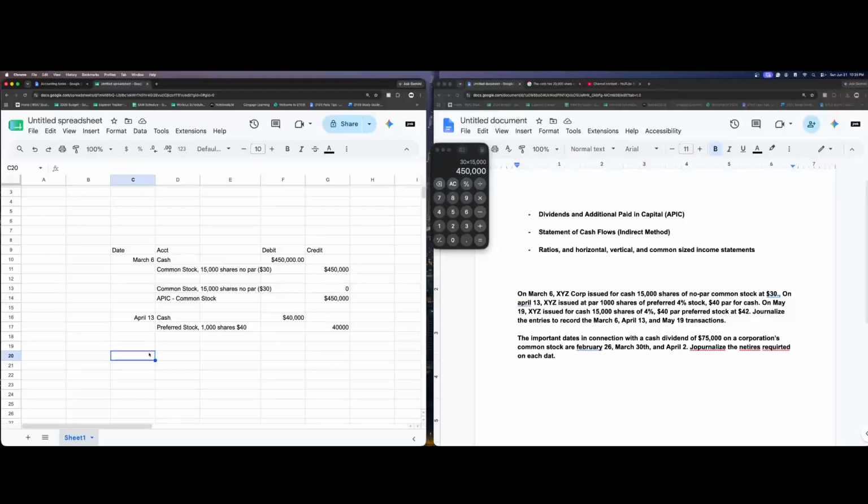So next one, May 19th, they issued for cash 15,000 shares of preferred stock. 15,000 shares, $40 par, at $42, pretty much.